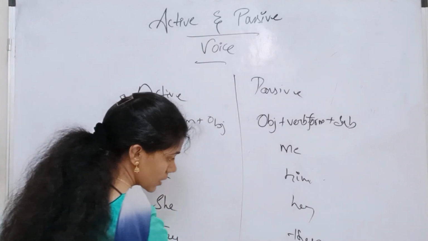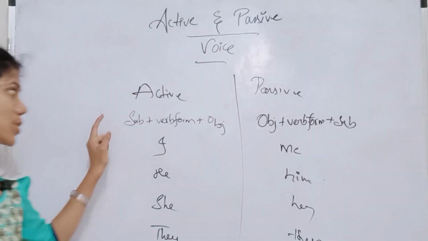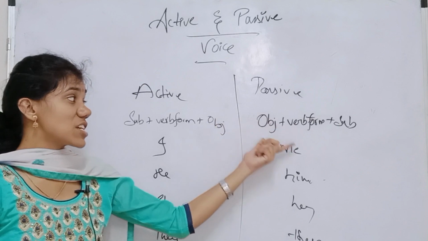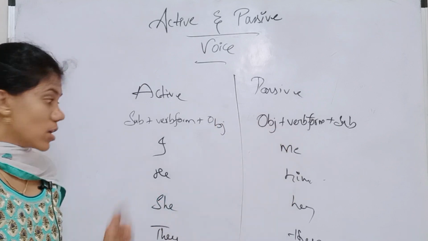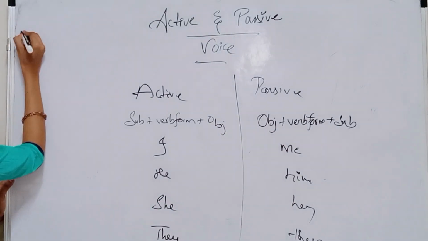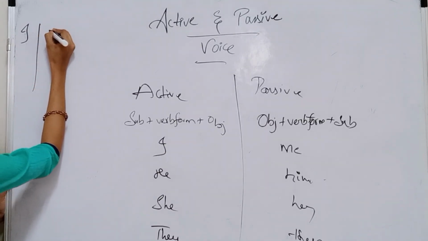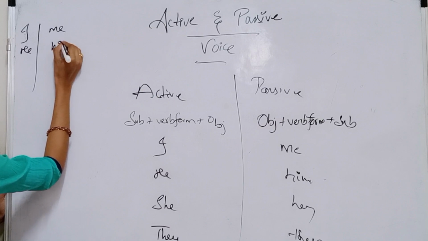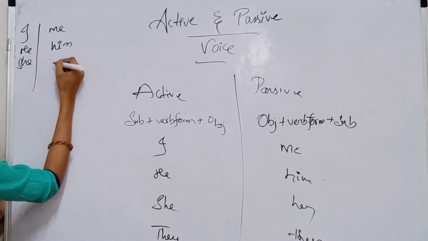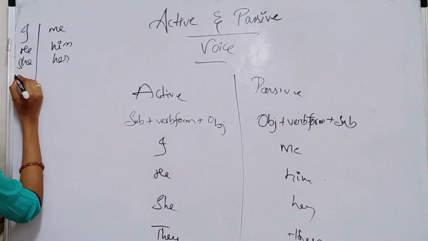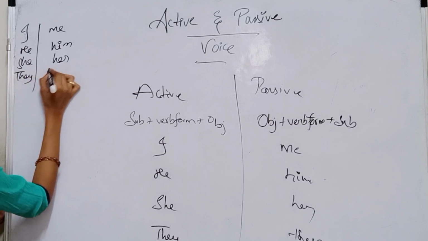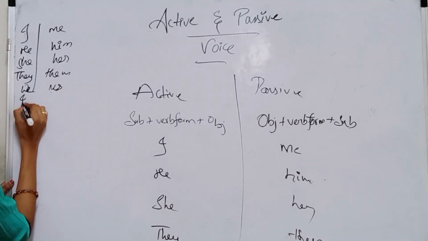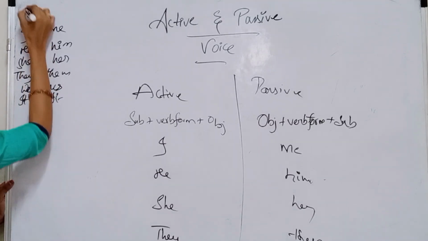"It", "it". So this would be active voice and this would be passive voice of these things. Based on the sentences, whenever it changes, we have to use them accordingly. So let us put this aside: for I we get me, for he we get him, for she we get her, for they we get them, for we we get us, and for it we get it again.